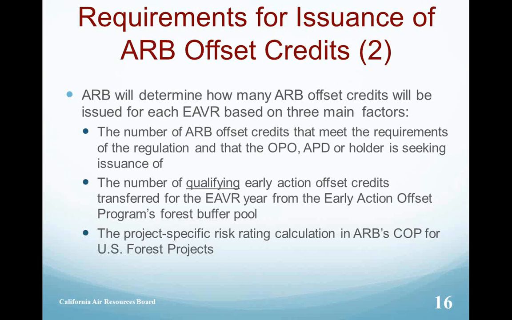This is to deal with any possible discrepancies between calculating the required contribution to the forest buffer account on some of the earlier versions of the quantification methodologies for forestry.